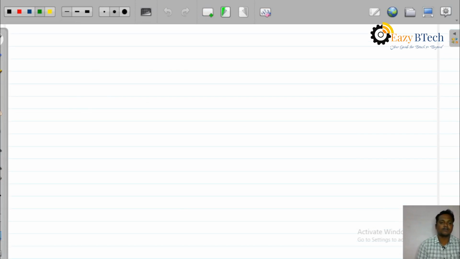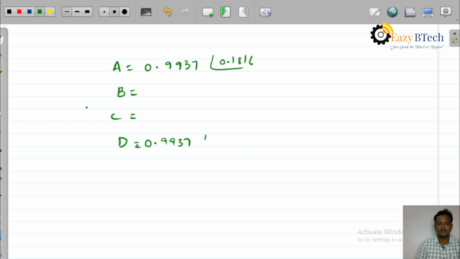Those are the ABCD values for the nominal pi method. I am writing separately the calculated ABCD values. A and D are having the same values. Therefore, A is 0.9937 at an angle 0.1816, and D is also 0.9937 at an angle 0.1816.